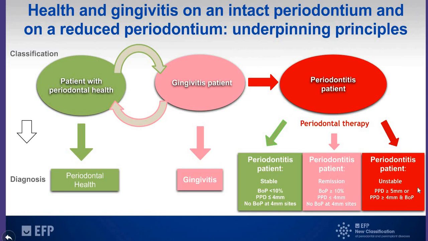While in case of established or unstable or uncontrolled periodontitis, we should have a pocket depth of more than 5 millimeter, and in these pockets we should have bleeding on probing. So we have periodontal health on reduced periodontium, we have gingivitis on reduced periodontium, and we have unstable periodontitis.